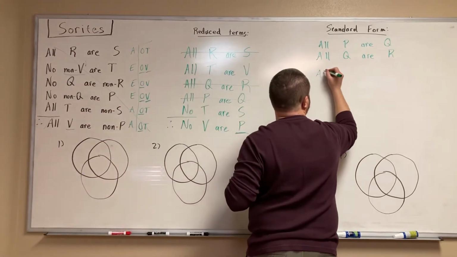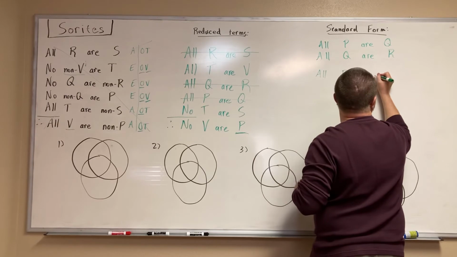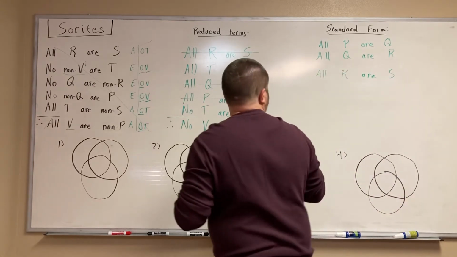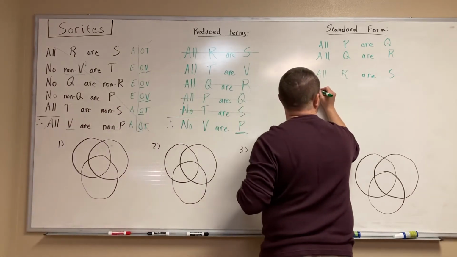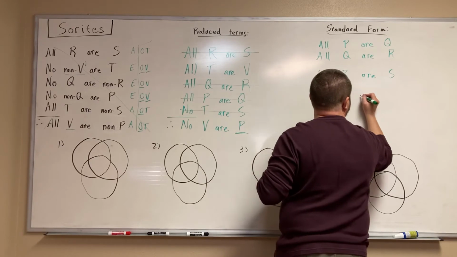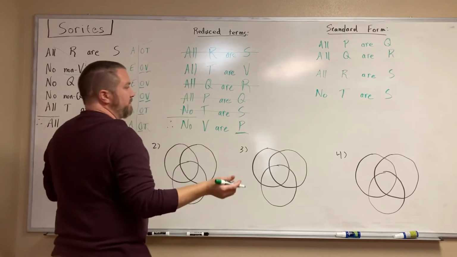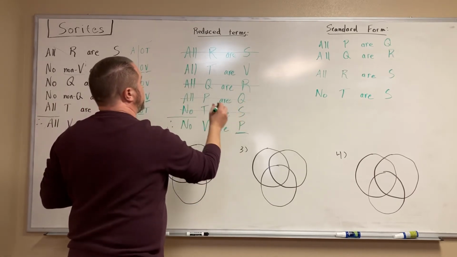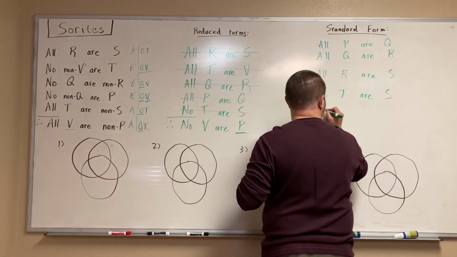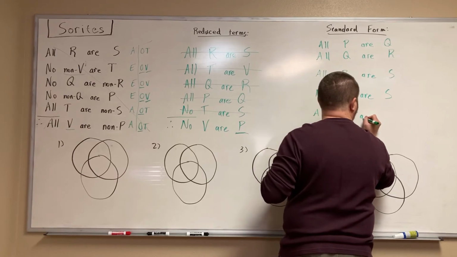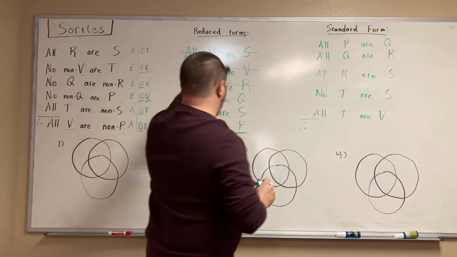We'll leave a little space for the sub-conclusion of that, R, S. Used up the R's. Next term is S. So no T, R, S, and leave a little space. Used up both of the S's. Last premise should have a T in it, which it does. All P are V. And then we've used up all of the premises.